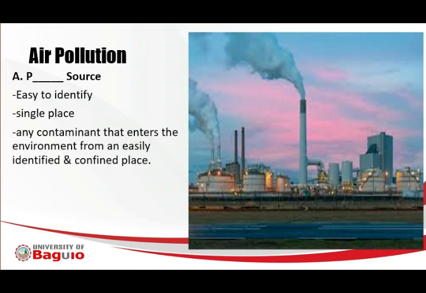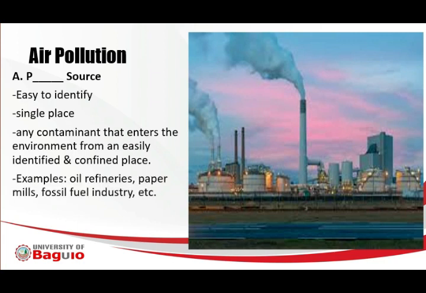So for more detail, or in a simple description, we can say that it is any contaminant that enters the environment from an easily identified and confined place. What are some examples? We have oil refineries, paper mills, the fossil fuel industry, and other kinds of factories and industries.